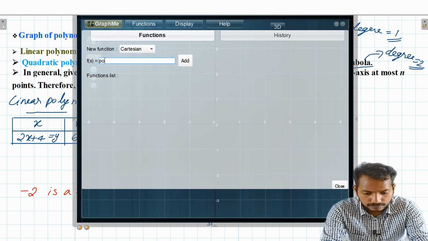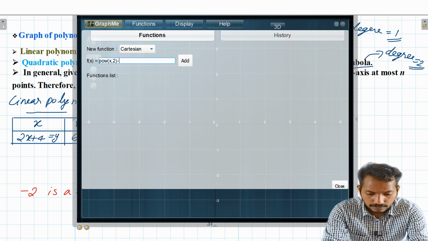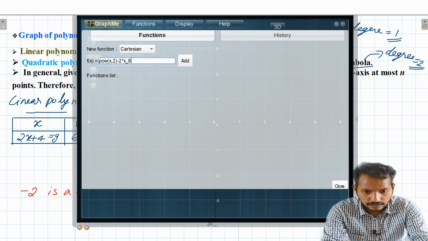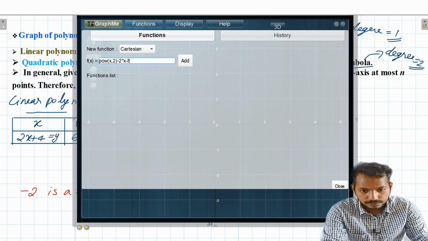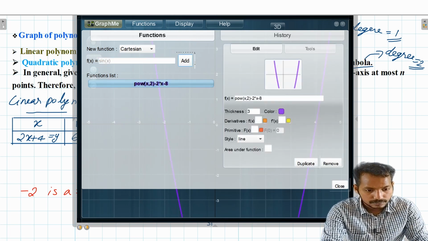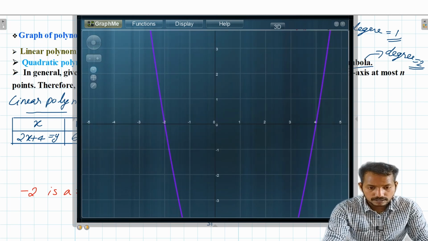x square minus 2x minus 8. What is the graph of this?